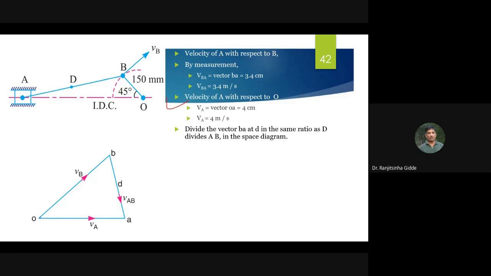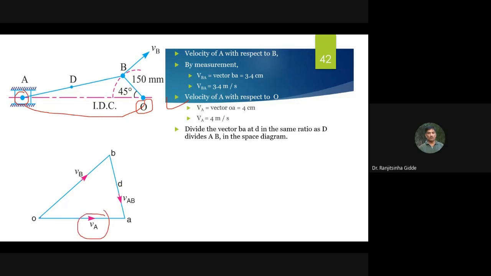Similarly, you can measure velocity of A with respect to O. Velocity of A with respect to this O. So this is the vector for that.